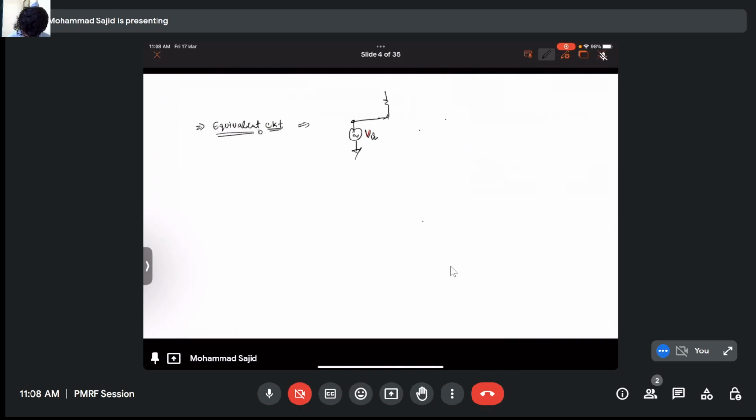This is your R, this is your second resistor, here to be ground.